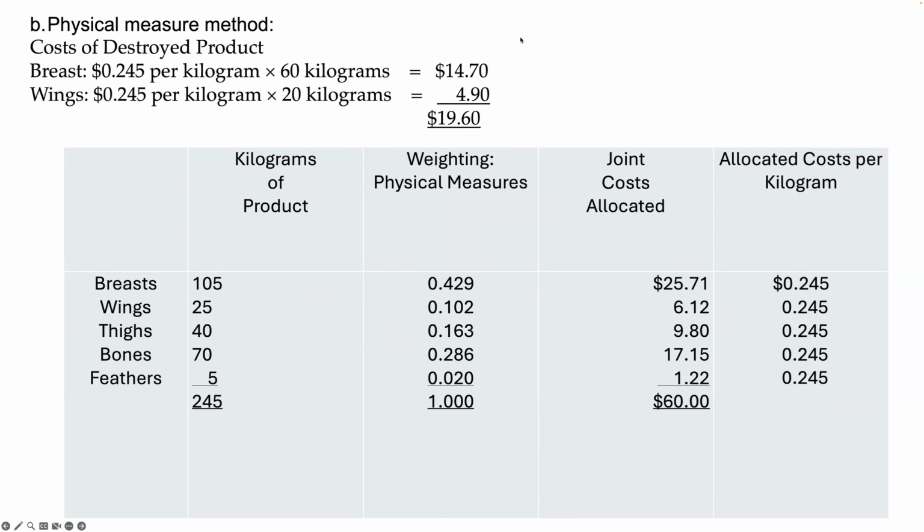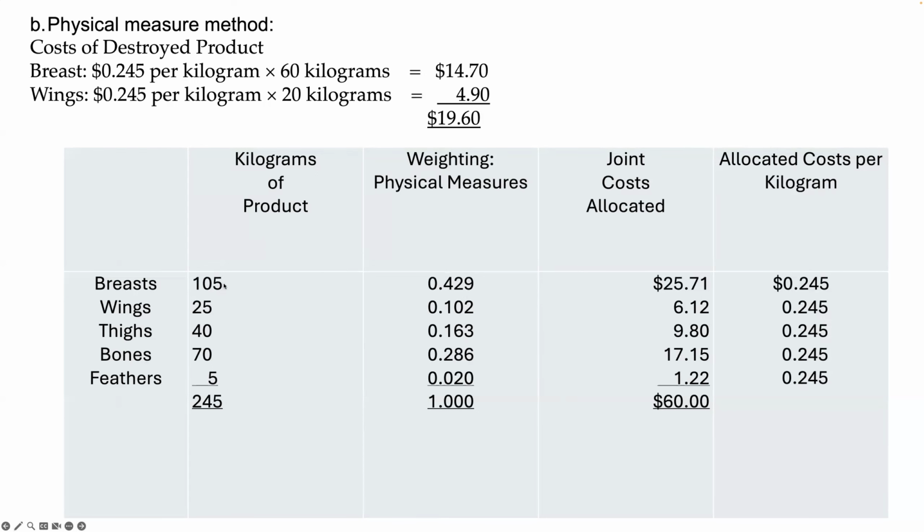The second question is that you do the same problem, but this time, instead of using the sales value at split-off point method, you are using the physical measure method. In this question, the physical measure is the weight. In July, you know the weight for each part, and then you add the weight of the 5 parts together to get the total weight.